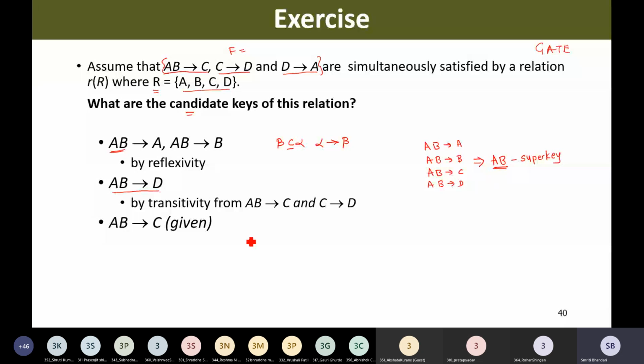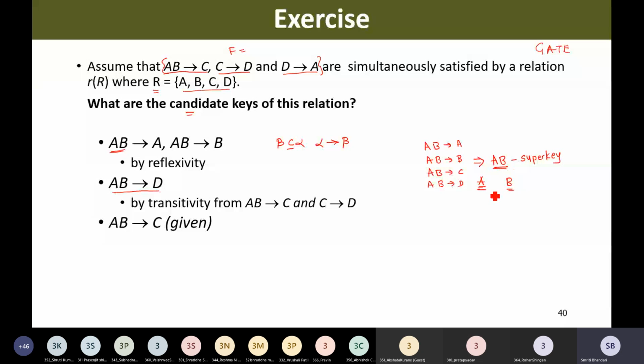So far we have found out that AB is our super key. So let us try to find out whether A only determines all the attributes and whether B only determines all the attributes, because these are the subsets of this AB.